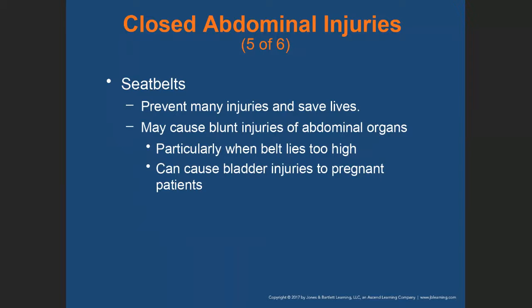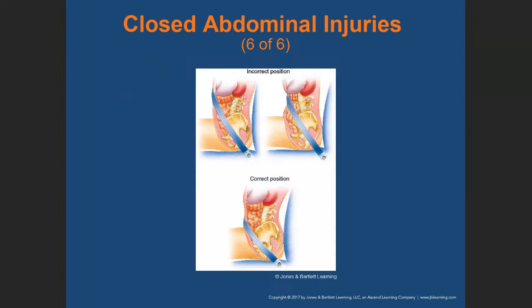Seatbelts prevent many injuries and save lives, but may cause blunt injuries of abdominal organs, particularly when the belt lies too high, and can cause bladder injuries in pregnant patients. You can look at that diagram when you're going through your text or the PowerPoint.